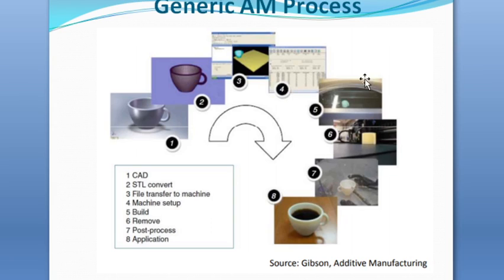Then component manufacturing in the machine, removing the component from the machine. Then post processing for cleaning the part. Then finally it will be used for the application. These are the general processes in additive manufacturing.